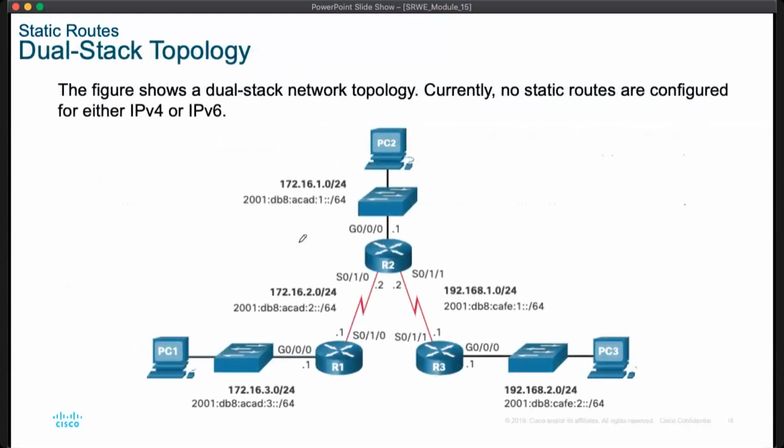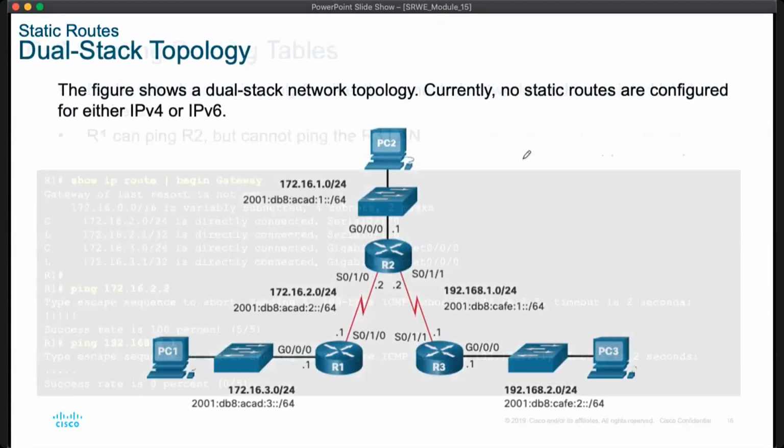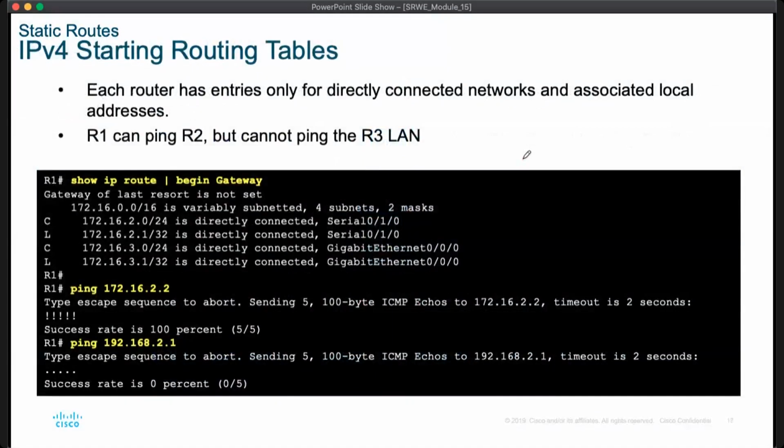Dual stack topology. The figure shows a dual stack network topology. Currently, no static routes are configured for either IPv4 or IPv6. IPv4 starting routing tables. Each router has entries only for directly connected networks and associated local addresses.